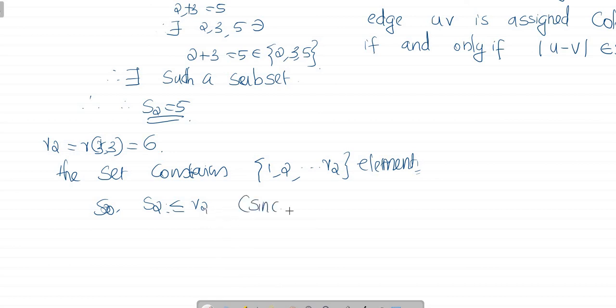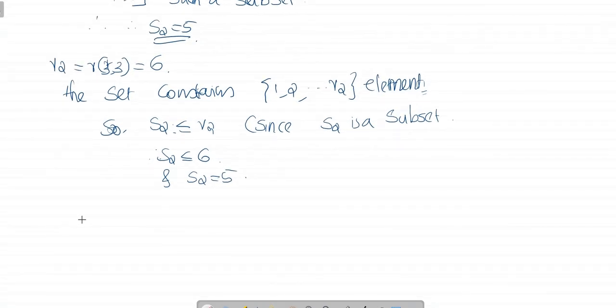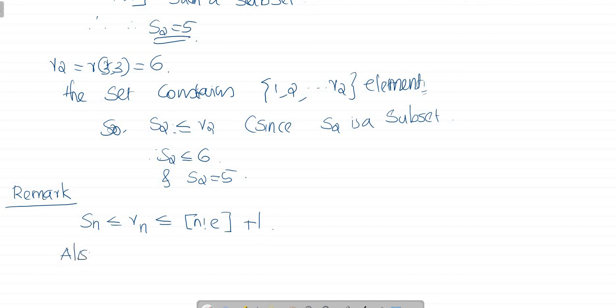Since S2 is a subset, therefore S2 is less than or equal to 6. And we have S2 is equal to 5. Therefore, we have the result that Sn is less than or equal to Rn, which is less than or equal to the integer part of n factorial times e, plus 1. Also, there exists a result: Sn is greater than or equal to 3 Sn minus 1, minus 1.